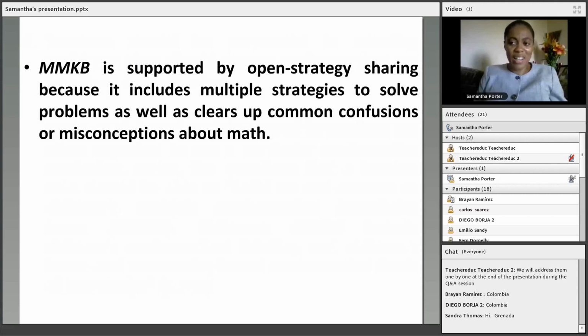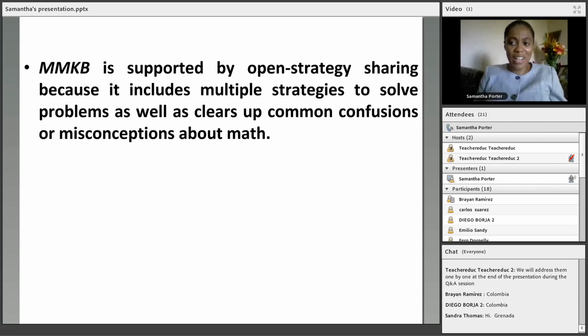MMKB is supported by open strategy sharing because it includes multiple strategies to solve problems as well as clearing up common confusions or misconceptions about mathematics. When students are sharing, we get to identify those misconceptions that they may have developed from as young as kindergarten.